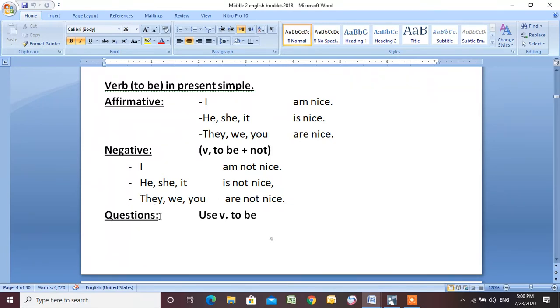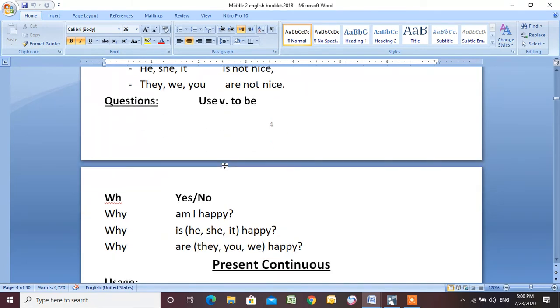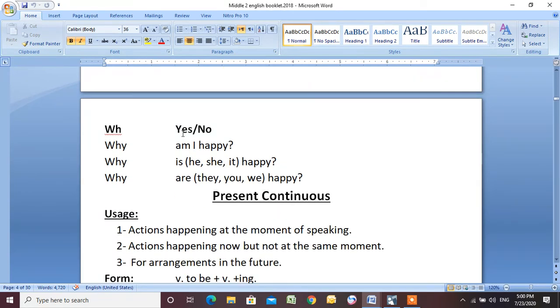How can you form the questions in verb to be? You have to use verb to be itself to form the question. So for yes, no questions, you can say, am I happy? Is she happy? Are they happy? So we start with verb to be.